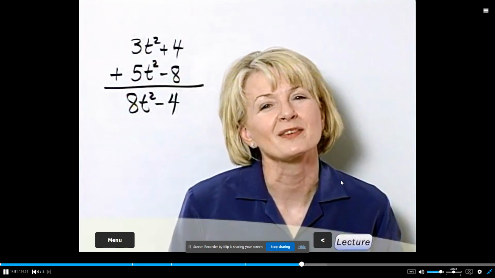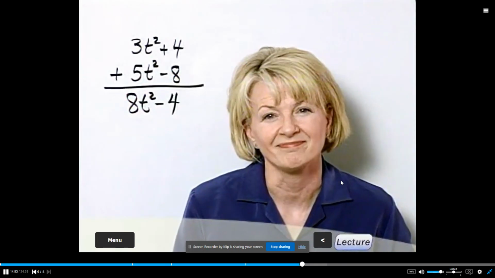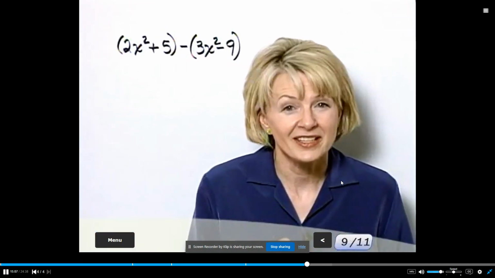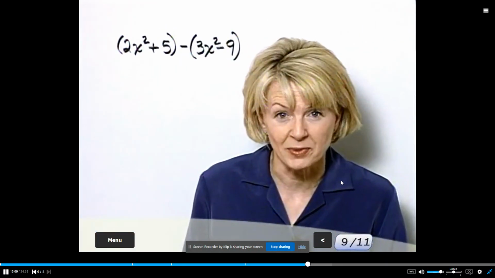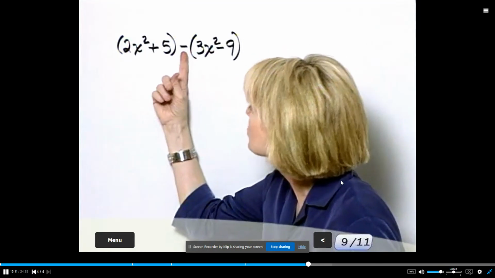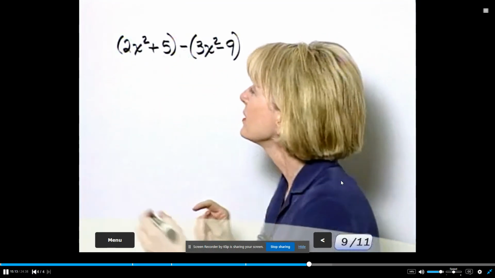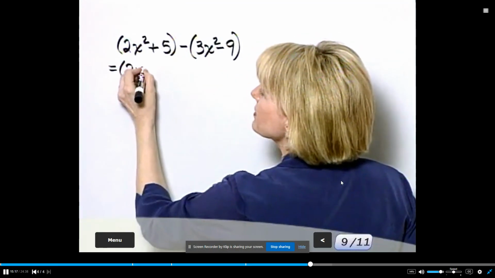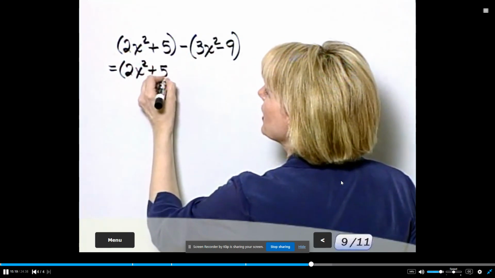Now let's talk about subtracting polynomials. How do we subtract polynomials? To subtract two polynomials, change the signs of the terms of the polynomial being subtracted and then add. So let's practice subtracting polynomials. Notice I am subtracting polynomials, so I'll write down the first polynomial, 2x squared plus 5.